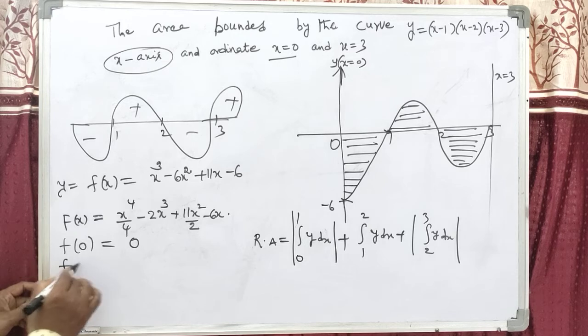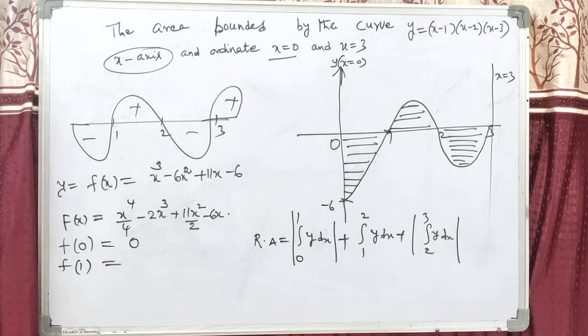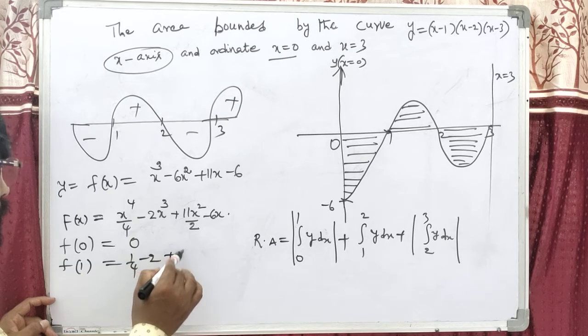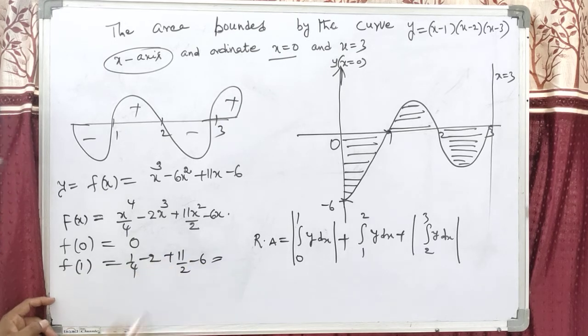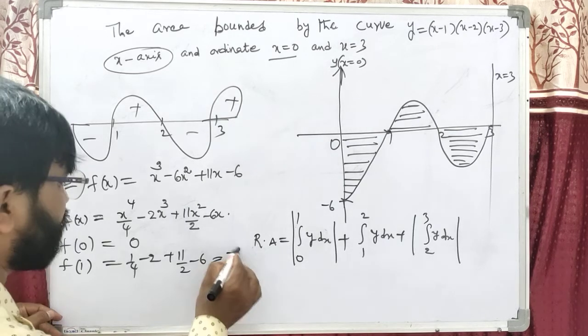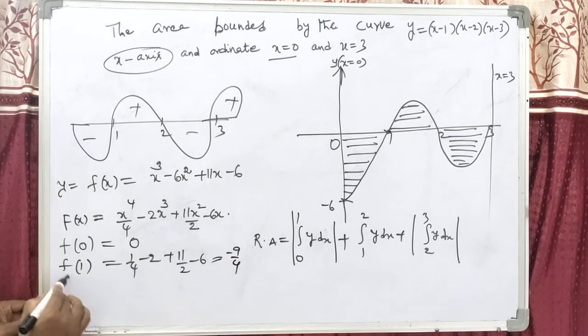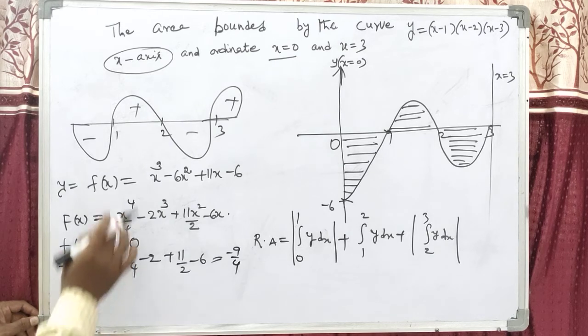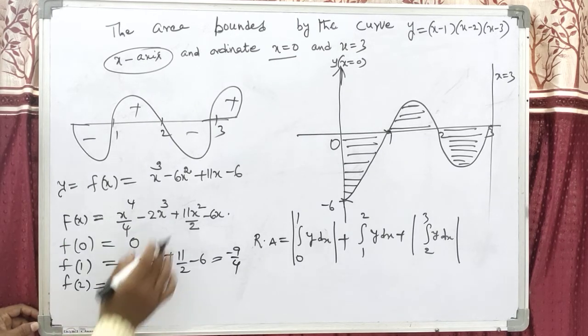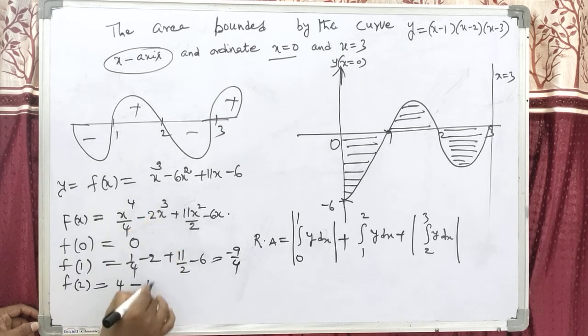Students, we find the f of 1. The f of 1 value is 1 by 4 minus 2 plus 11 by 2 minus 6. The value of f of 1 is, students, minus 9 by 4. Now students, we find the f of 2. 2 power 4 is 16, 16 by 4 is 4. 2 cube is 8, 16.